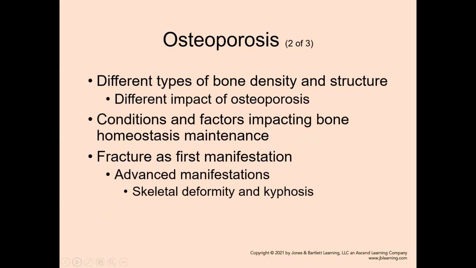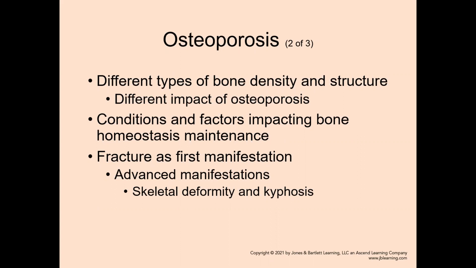There are different types of bone density and structures. Generally, osteoporosis is first manifested as a fracture. Someone will fall, they'll break something, and then when they look at the x-rays, they notice the osteoporosis.